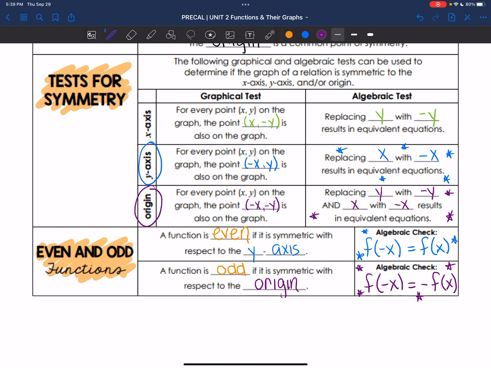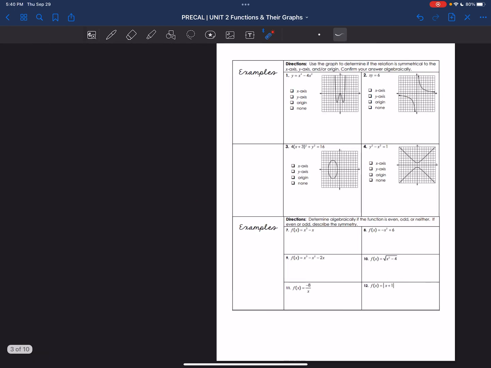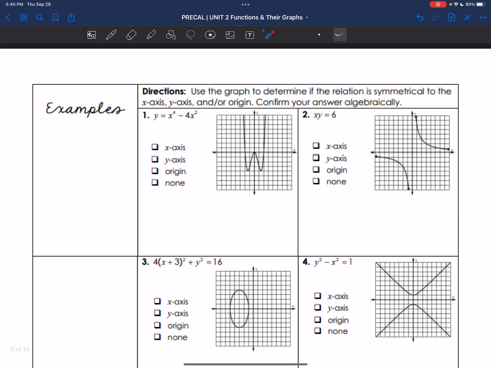So, ladies and gentlemen, now with all of that, we have kind of a big overview of the types of symmetry, how to test them, and then how to determine if, based on our tests, they are even or if they are odd. So let's try and do just a couple examples together.